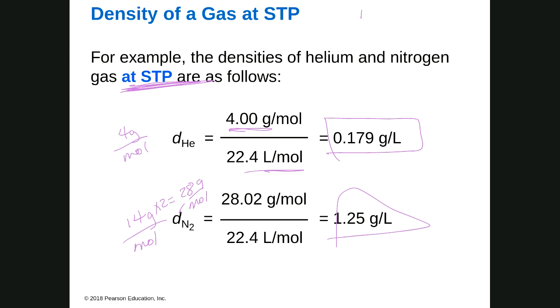Hydrogen, nitrogen, oxygen, and fluorine, chlorine, iodine. Okay, bromine. Okay, all right. So just remember when you're doing your molecular weights that you have to take that into consideration.